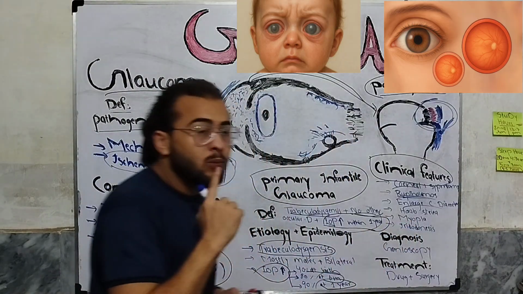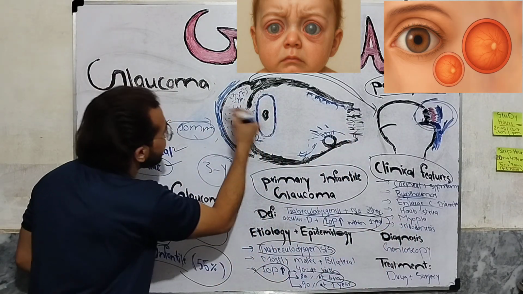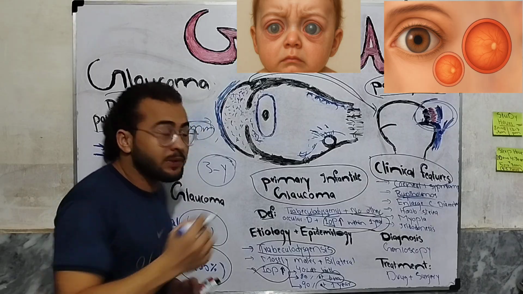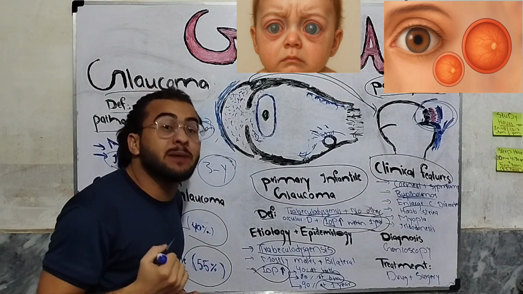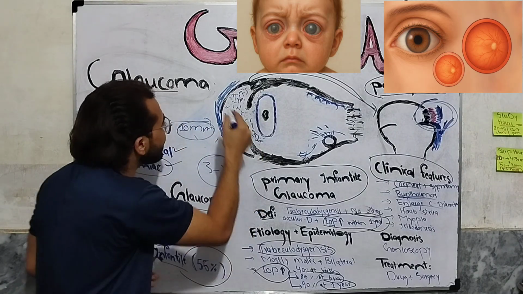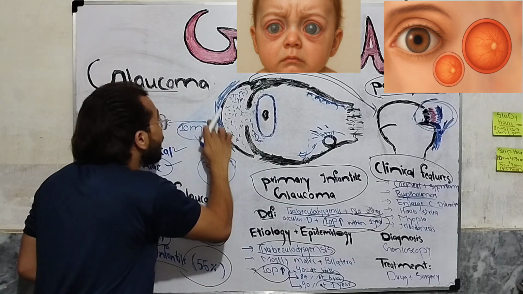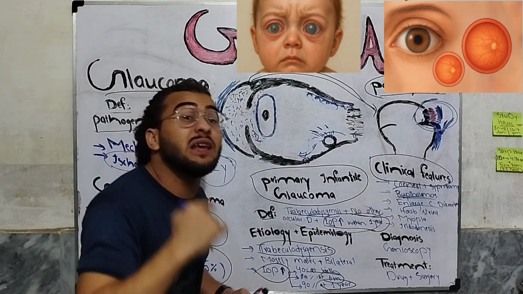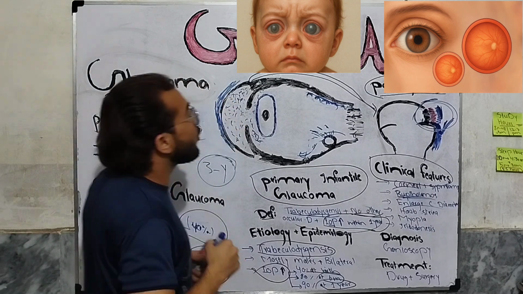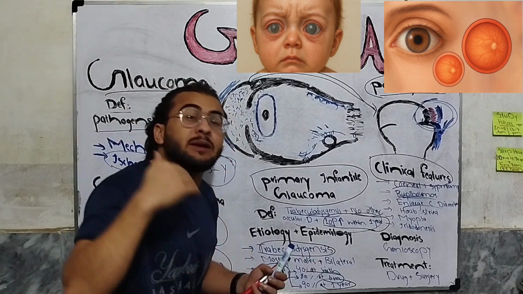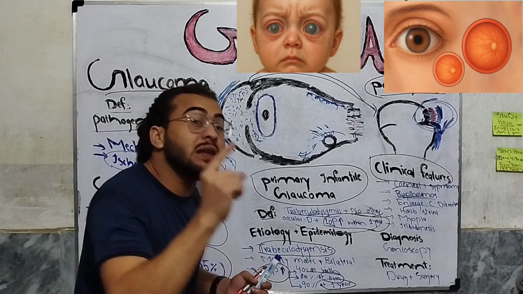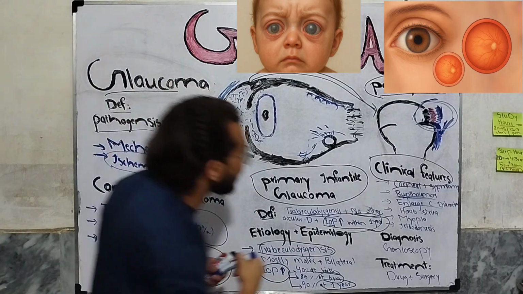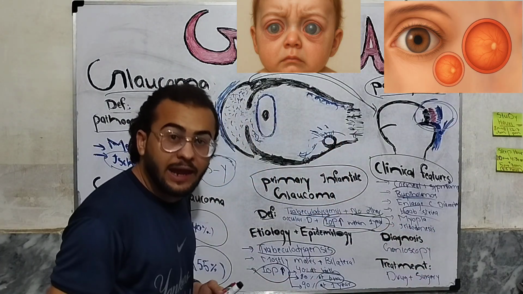Because of this decompensation of the endothelium, the Descemet membrane breaks down, and when this membrane breaks, it heals in a special pattern of curvy linear lines. This healing of the Descemet membrane in curvy linear lines is called Haab striae.